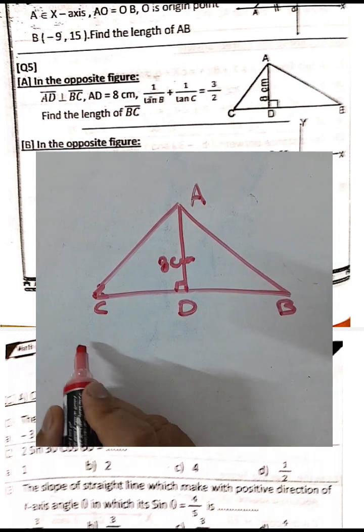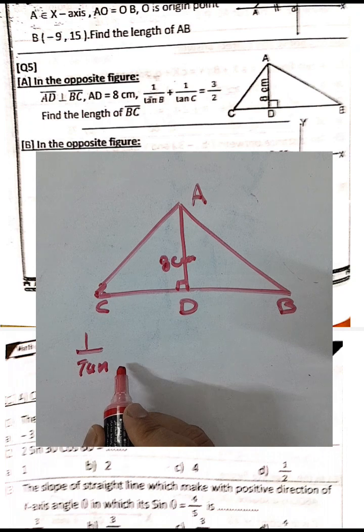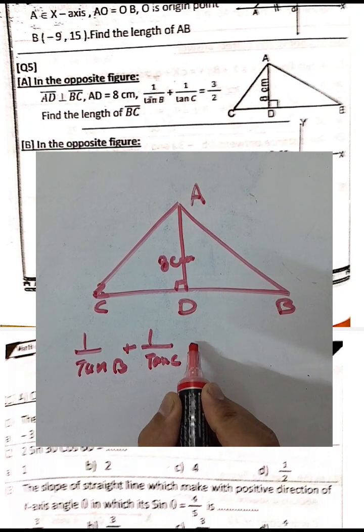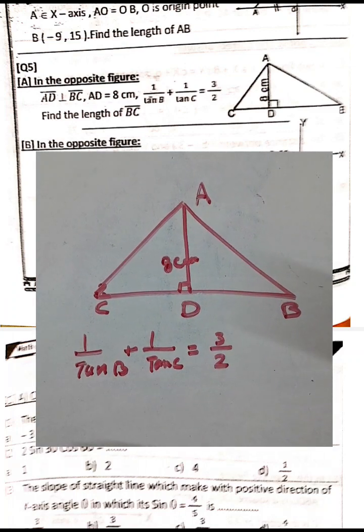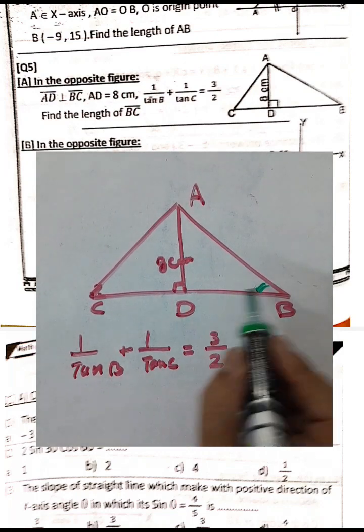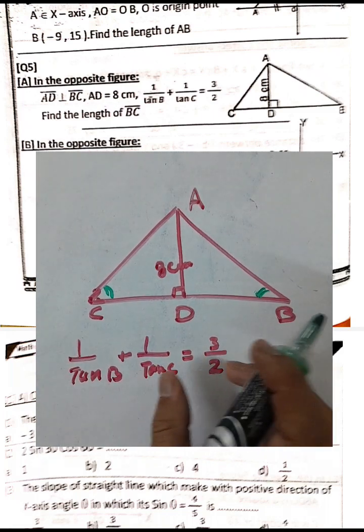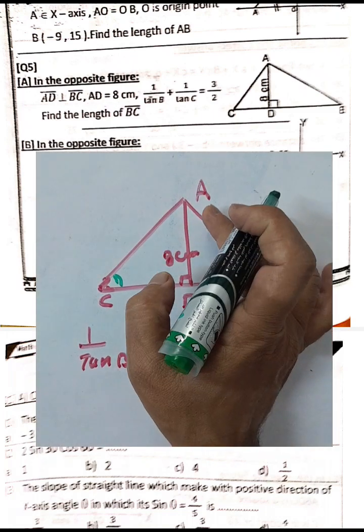He gives us this information: 1 over tan B plus 1 over tan C equal 3 over 2. Okay, you can simplify it by writing tan B in the right angle triangle here, and we have tan B and tan C. Okay, you can see similarity between two triangles, this angle here, but this angle is not a right angle.